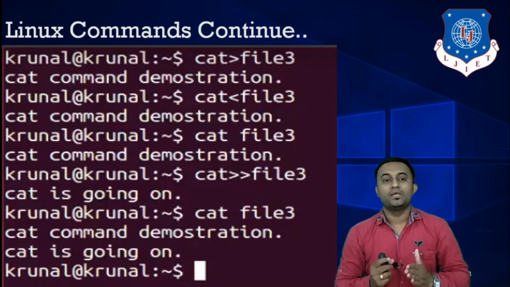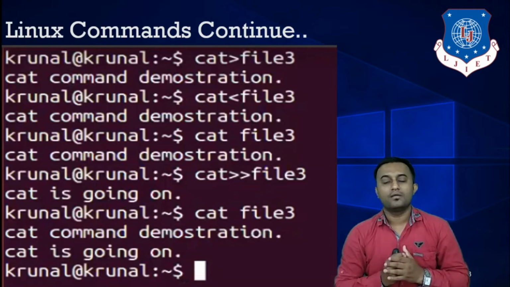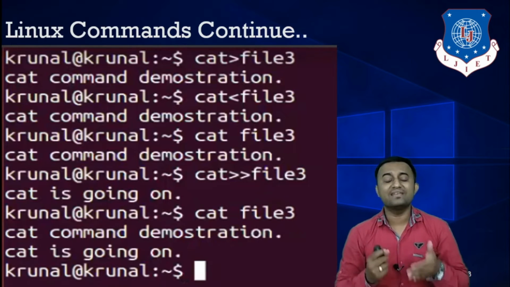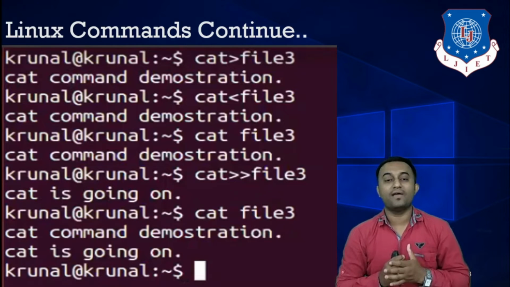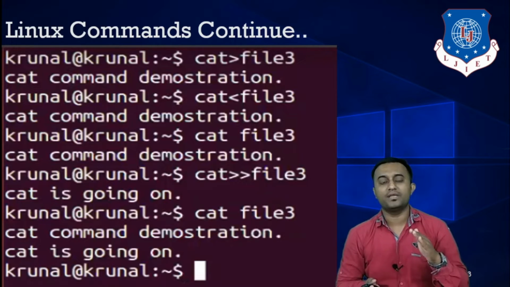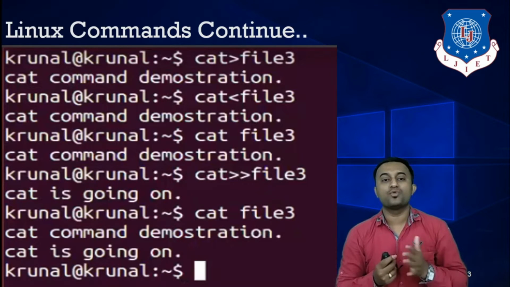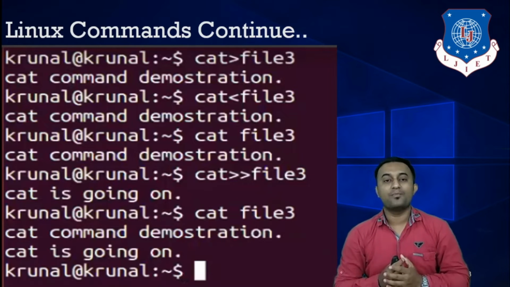It will show me the content previously inserted in file3 as well as the recently inserted content. Both will be displayed because both are appended in the same file. So "cat command demonstration" was inserted earlier, and the sentence "cat is going on" was recently inserted with the help of the append redirection operator.